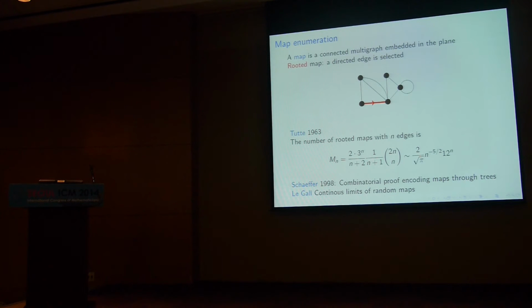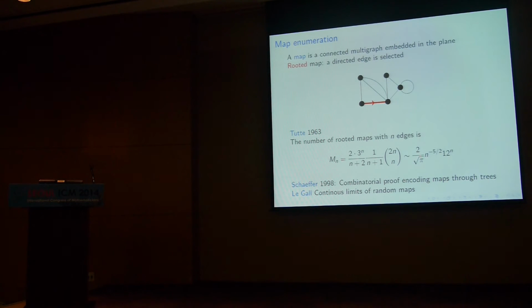So it says that the number of maps is the number of, let's say, binary trees times 3 to the n. This was made explicit by Gilles Schaeffer some years ago, and using ideas of Cori and Vauquelin, he gave a combinatorial proof encoding maps through trees. You know, now there are many bijections in combinatorics.